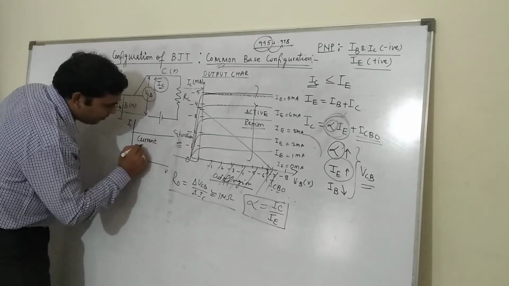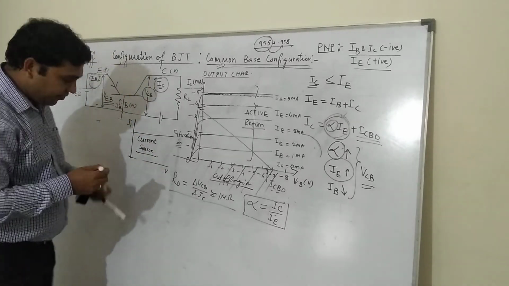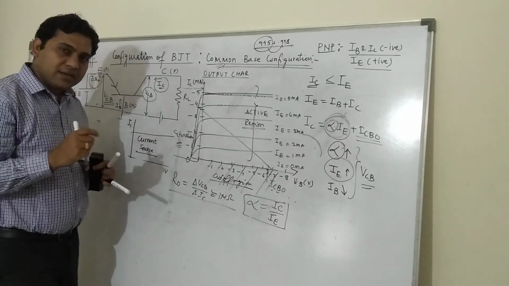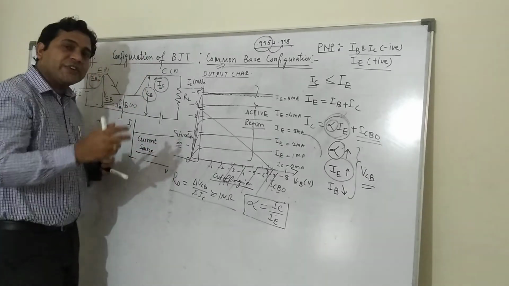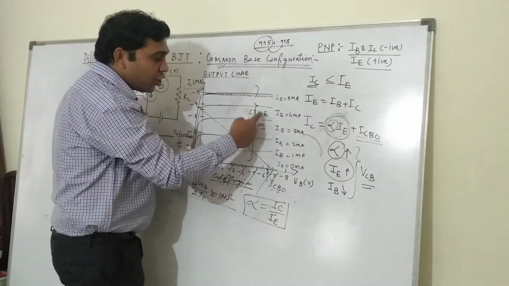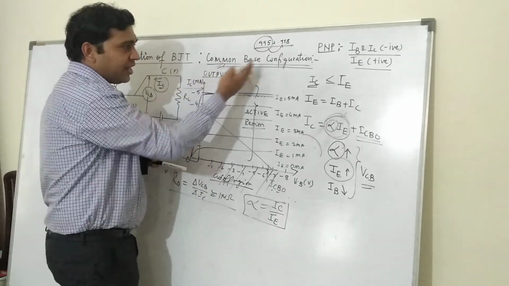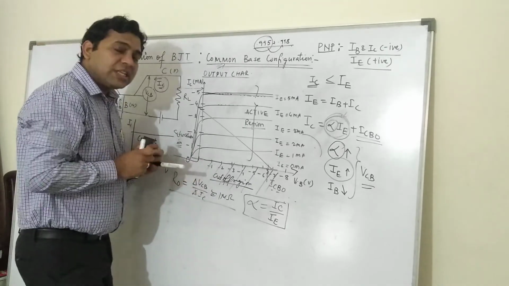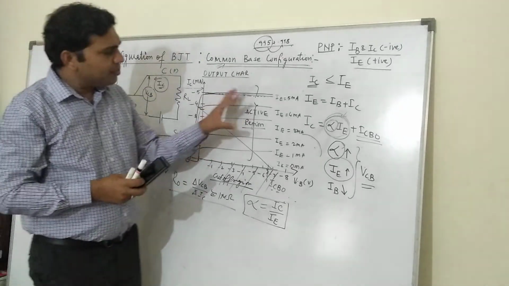A current source is a device in which the current between two terminals always remains the same, irrespective of whatever load you apply between these two terminals. So we can replace this common base configuration BJT with a current source also. I just wanted to give you an idea that the device behaves similarly to a current source.